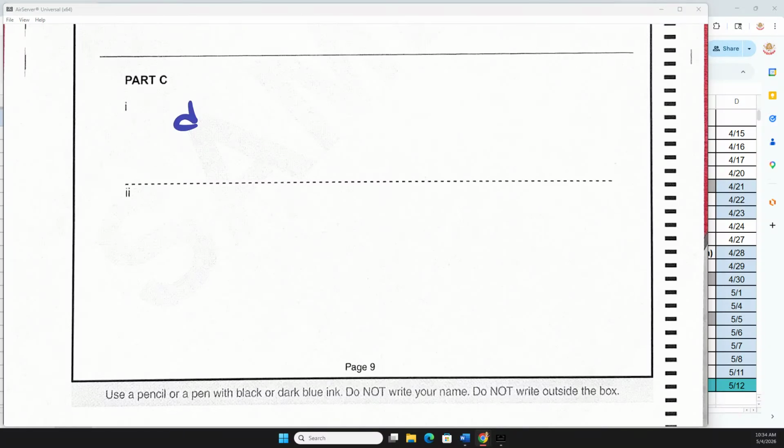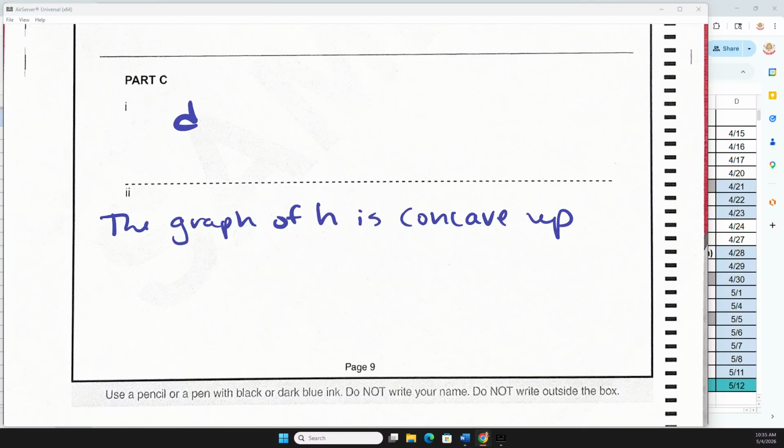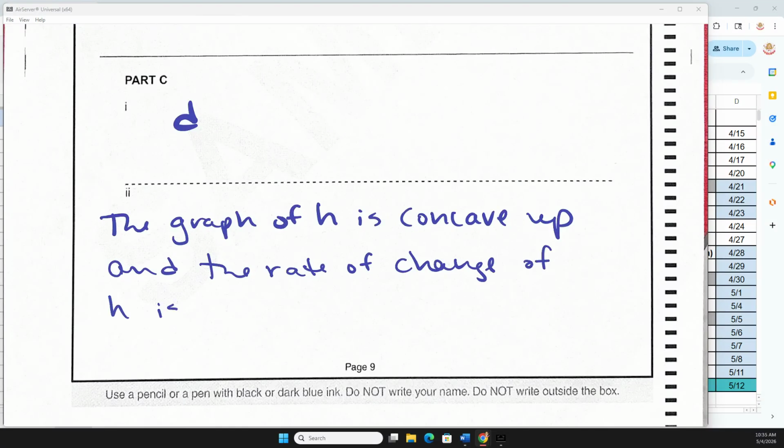After where it says describe the concavity of, we're going to write the graph of H is concave up. And then we're going to skip a few words and we're going to start quoting again. The rate of change of H is increasing.